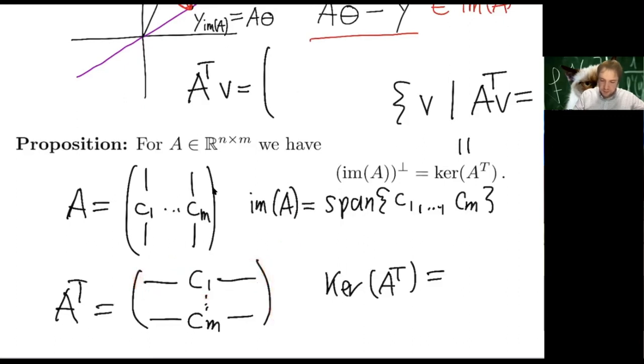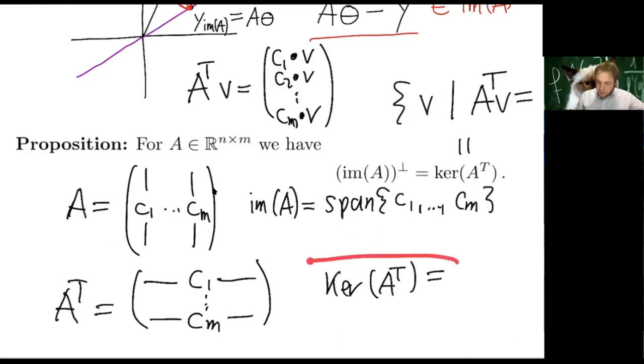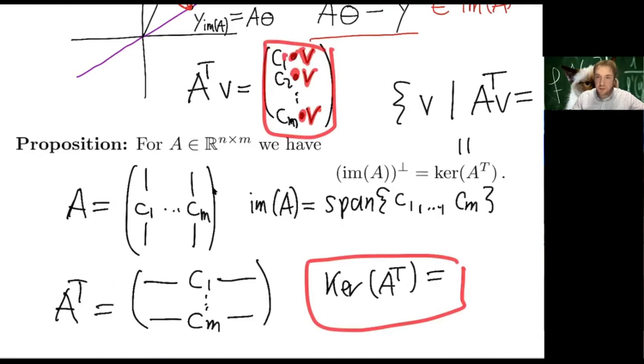So here it's exactly c1 dot v, c2 dot v, and so on, cm dot v. And the kernel are those vectors v such that this is 0, but this means exactly that all these entries are 0, and this means that this v is orthogonal to all these columns.